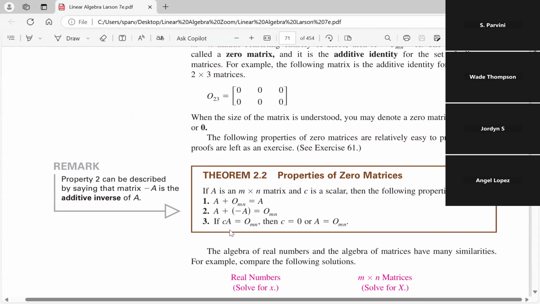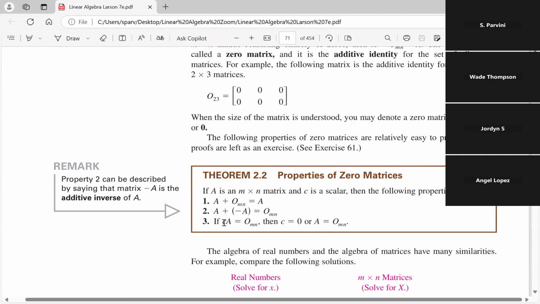And finally, a constant multiple of A. If C times A gives you the zero matrix, two things could be true. Either the scalar is zero, because 0 times anything is 0. So that's what this says. Either the scalar, the constant, is 0, or A itself is a zero matrix.